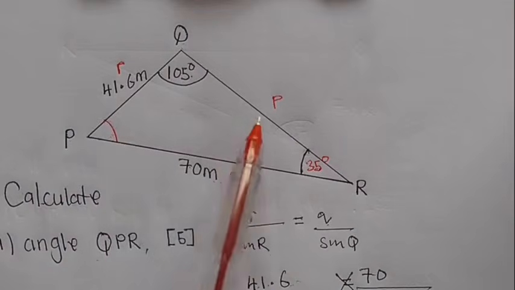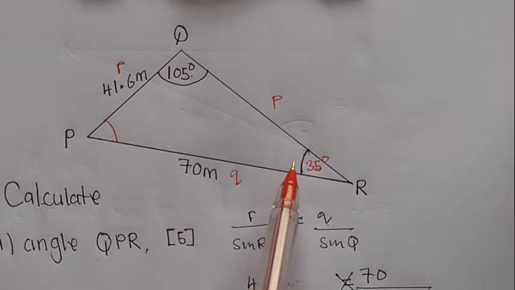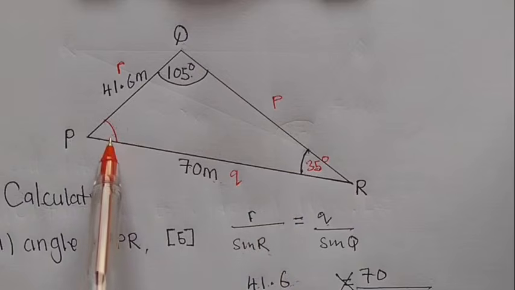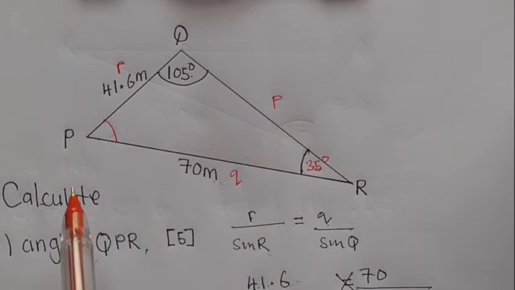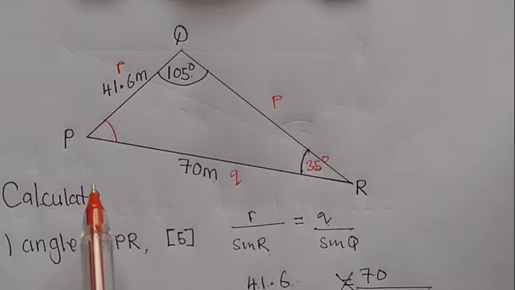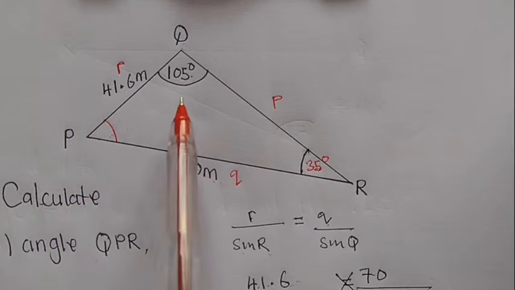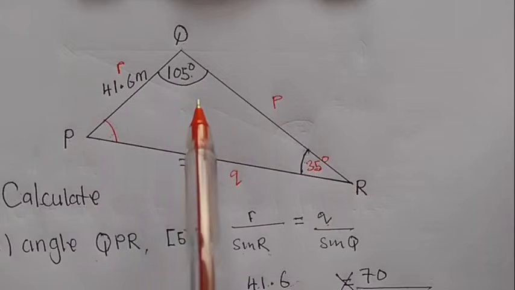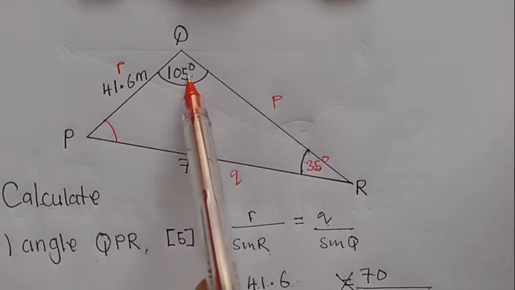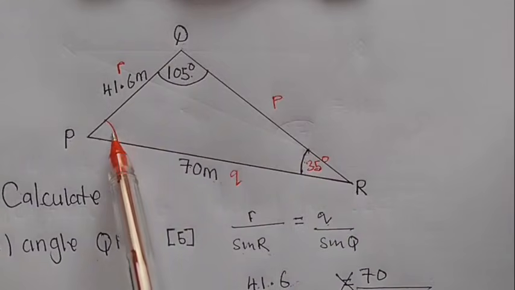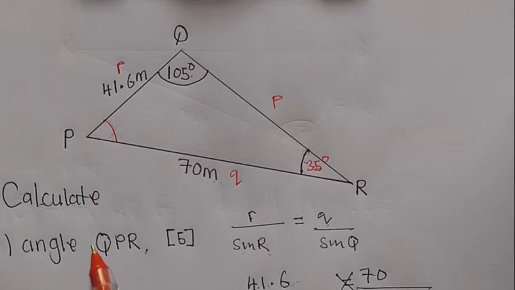If you have two angles inside the triangle, it's very easy to find the other angle, because we are just going to apply the principle that the sum of the angles in a triangle adds up to 180. If you add this angle plus this angle plus this angle, it should give us 180.